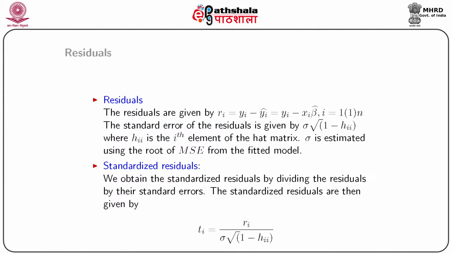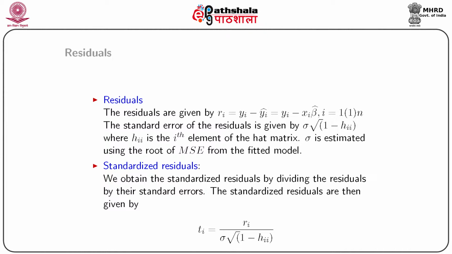The standard error of the residuals is given by sigma times square root of 1 minus hii, where hii is the ith diagonal element of the hat matrix and sigma is estimated using the root mean square error or MSE from the fitted model.